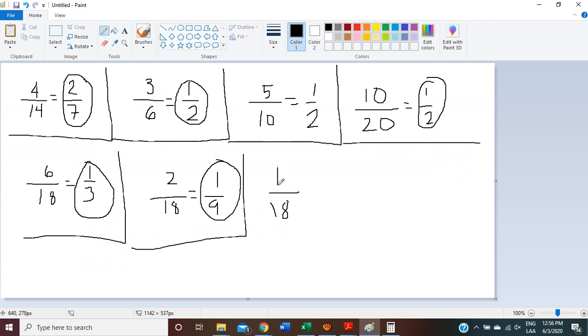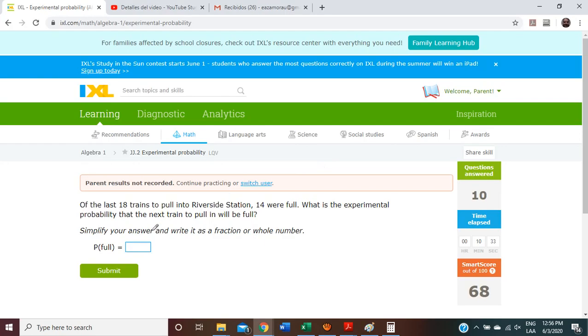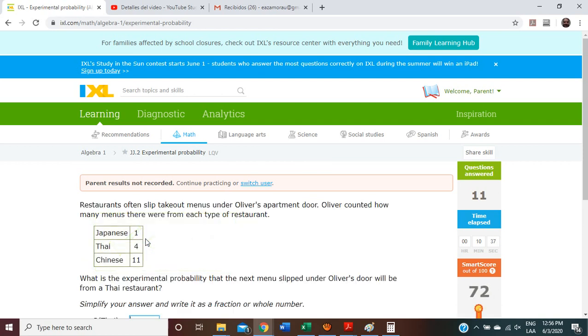So 14 were full. So we simplify this. Half of 14 is 7. Half of 18 is 9. This cannot be simplified, so this is our final answer, 7/9.